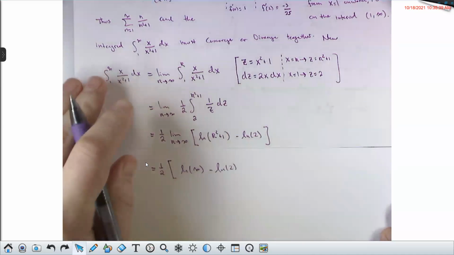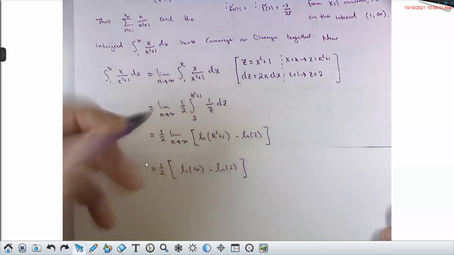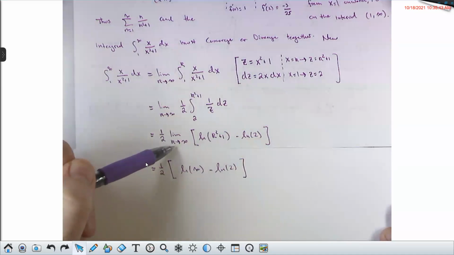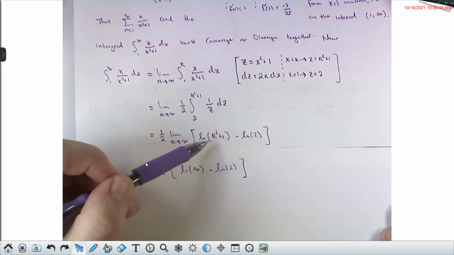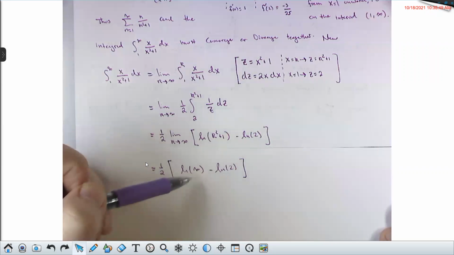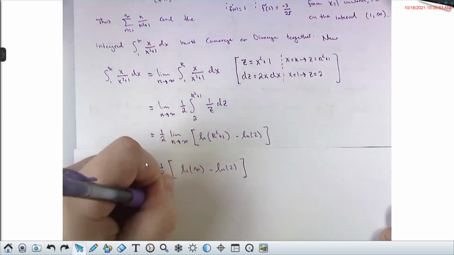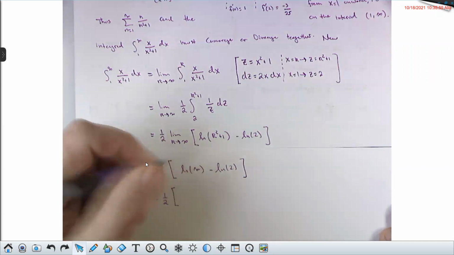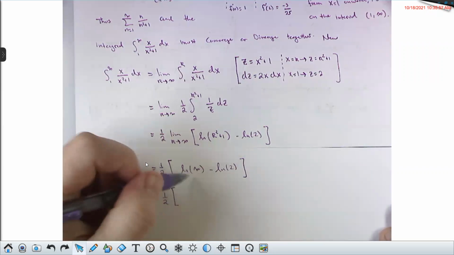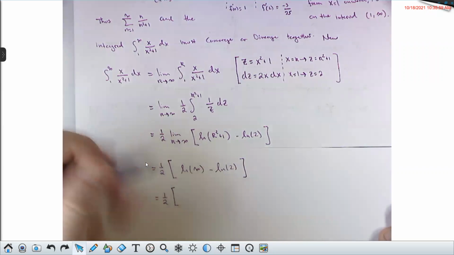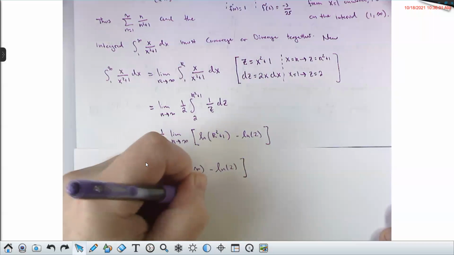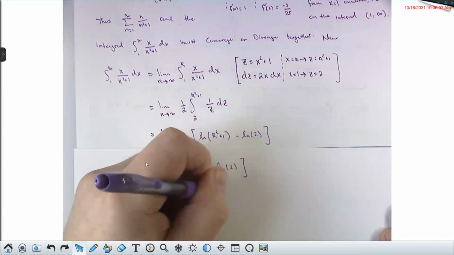Just thinking about one thing at a time sometimes helps. So as r gets bigger and bigger, r squared plus 1 gets bigger and bigger. So the r squared plus 1 piece is going to infinity. And then the piece that I require you to remember, the thing that sometimes we forget, is that the natural log goes to infinity as its inside goes to infinity. So this is infinity minus the natural log of 2.